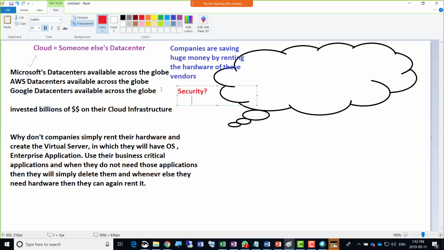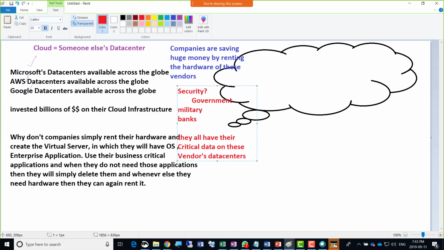So obviously there are government, military, banks. They all have their critical data on these vendors' data centers, right?